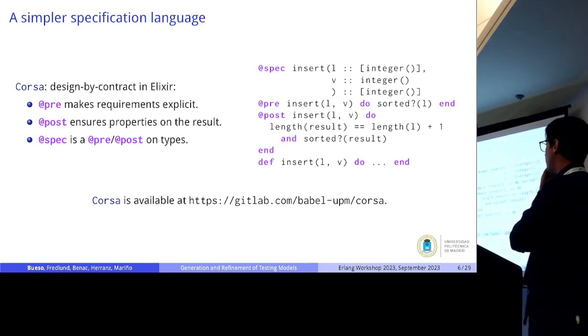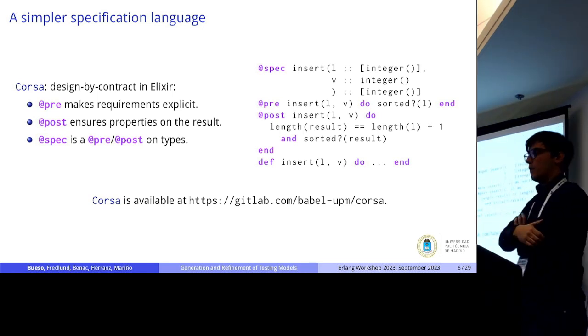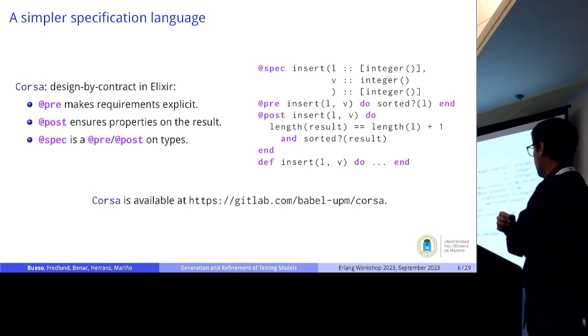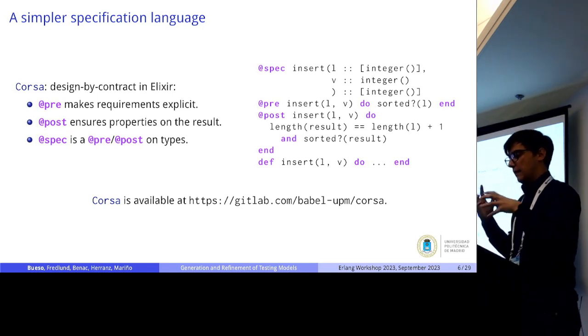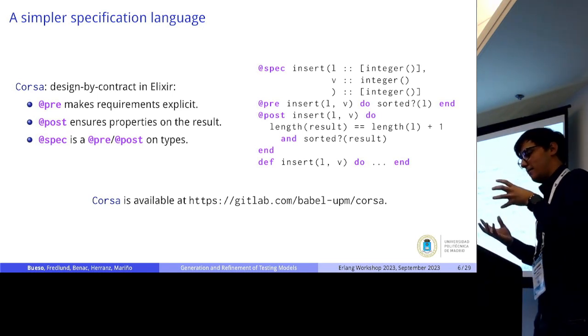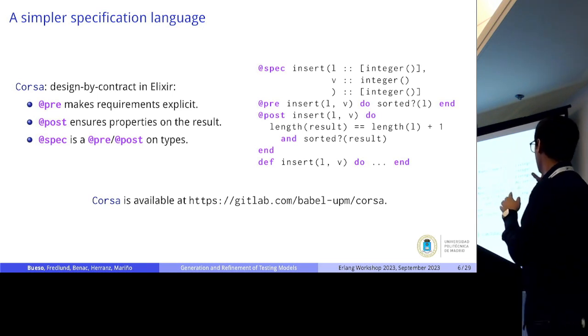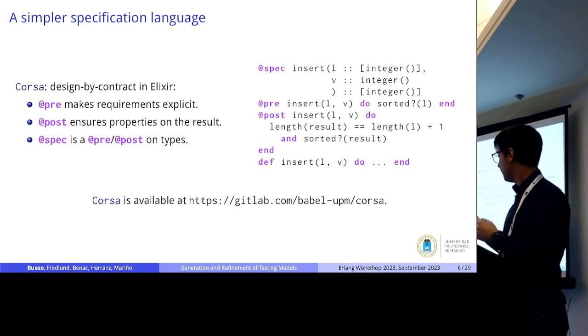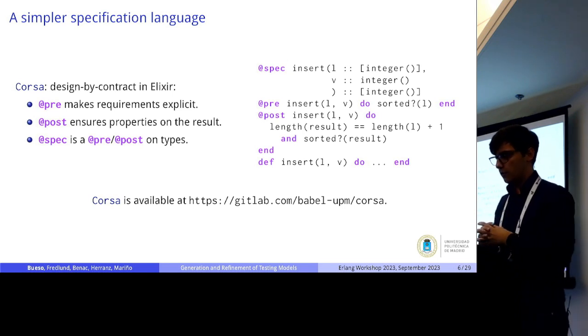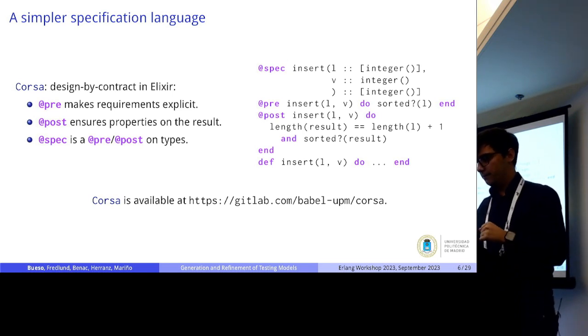Preconditions that make requirements of a function explicit, postconditions that ensure some properties on the result of the function, and specs that can be thought of as pre- and postconditions focused on types. Also, Corsa is an open source library, and this is the link where you can download it and try it.